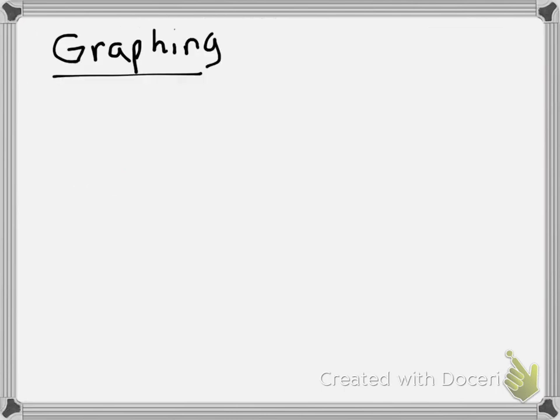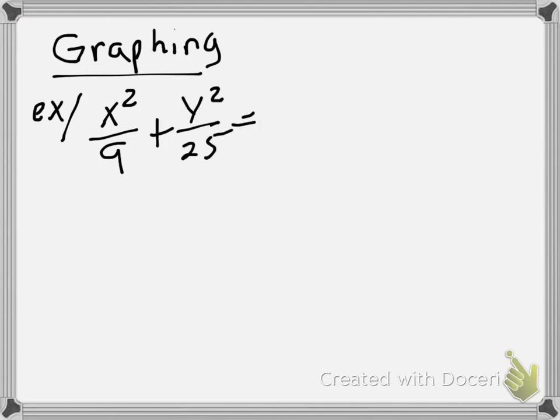Alright, now we're going to look at graphing these. Graphing these are a little bit on the easier side, especially if you look at how we talked about these at the beginning. So let's say I had x squared over 9 plus y squared over 25 equals 1. This one is centered at the origin. It doesn't have an h or a k or anything added or subtracted from my x or my y.